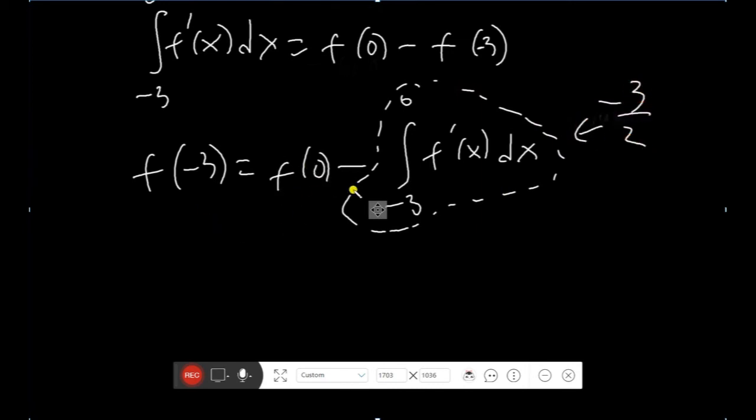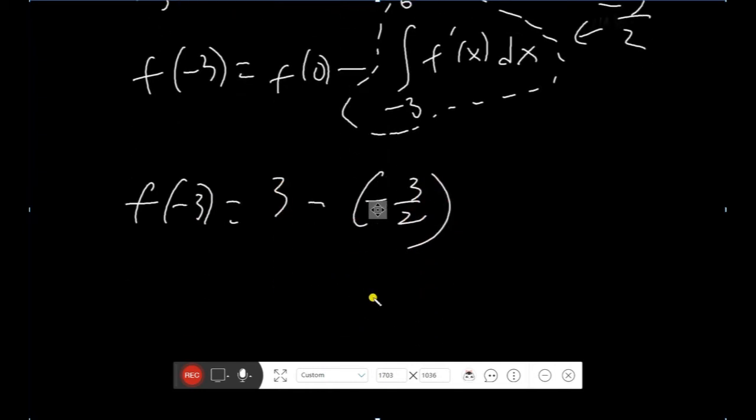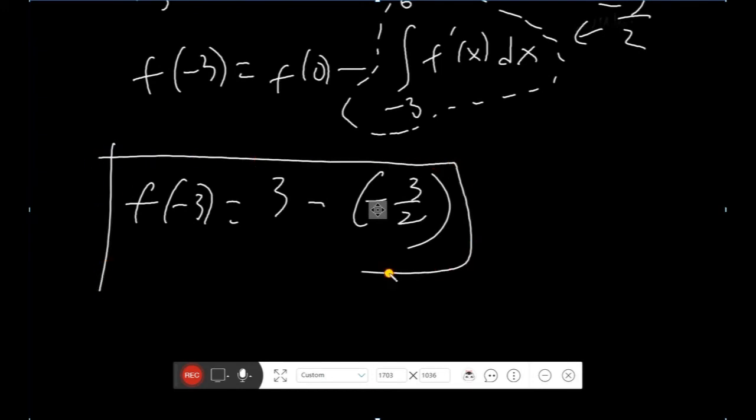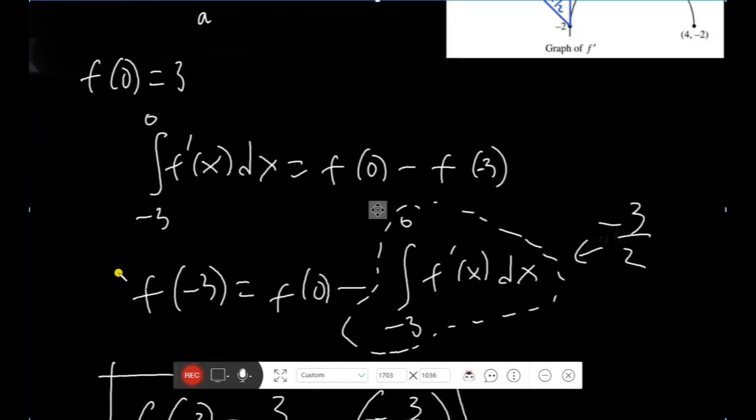And we know f of 0 is 3, right? So that gets us that f of -3 is 3 minus -3/2. Don't bother simplifying that. If you didn't get that, try solving for f of 4, because the technique is very similar. Try f of 4, and then we'll see how we do it.